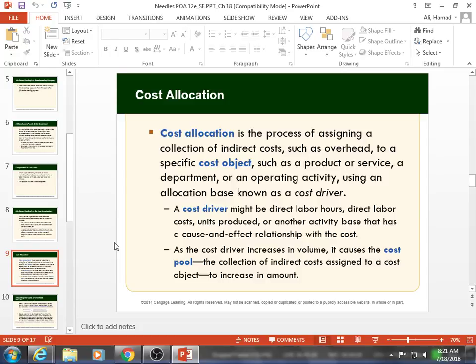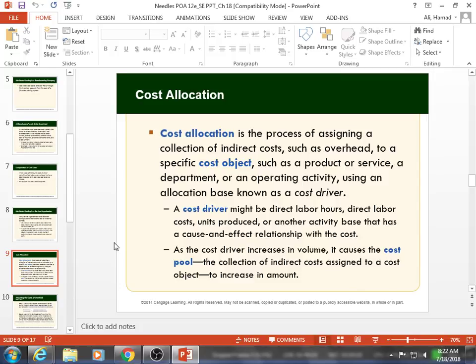You call that a cost pool. A cost pool is the collection of indirect costs assigned to a cost object. We're not talking about the direct costs; the allocation has to do with the indirect. The direct costs are not a problem, we already know what they are. But the indirect costs are the ones you have issues with, and how you allocate them to the product. That's the major issue.